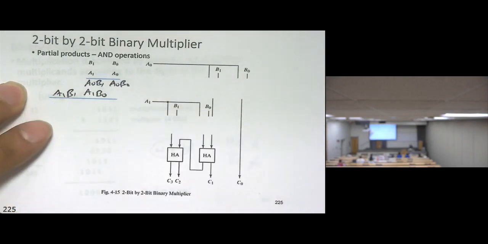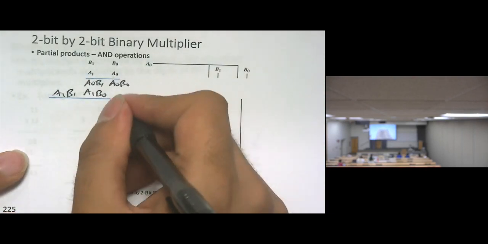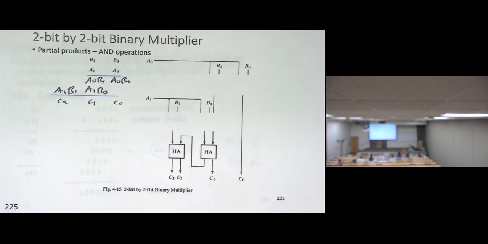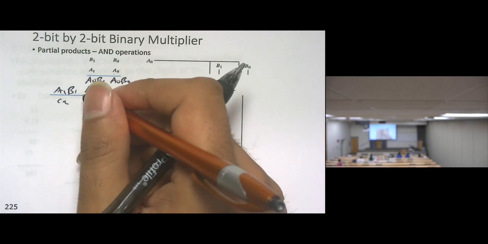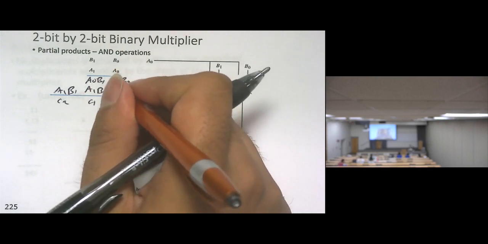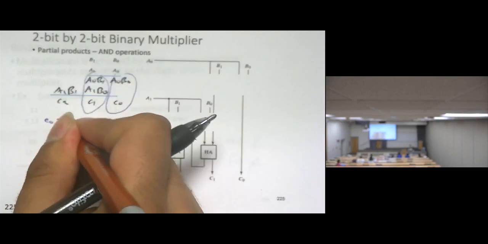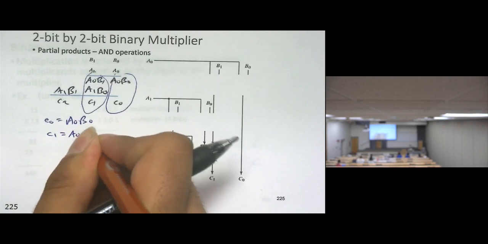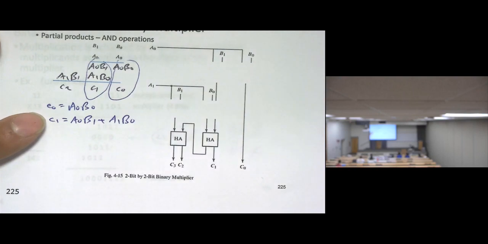Now, let's do the addition. So it's going to be this one. I'm going to call it C0, C1, C2. So, based on that, C0 equals A0, B0. C1 equals A0, B1 plus A1, B0, right?